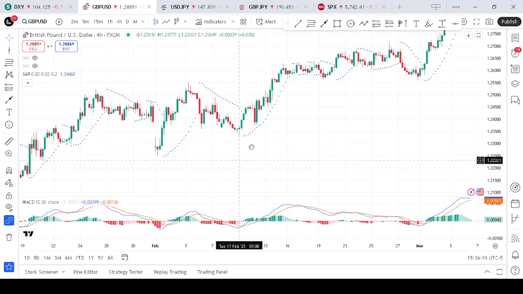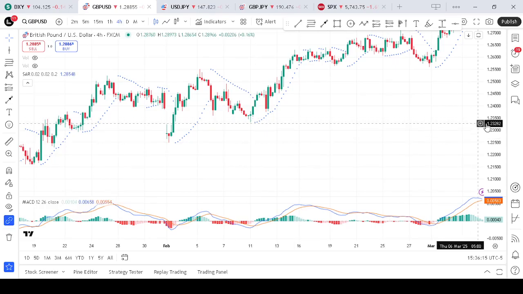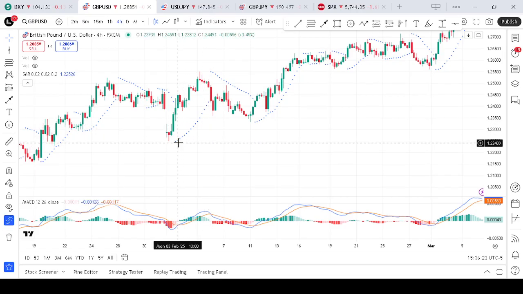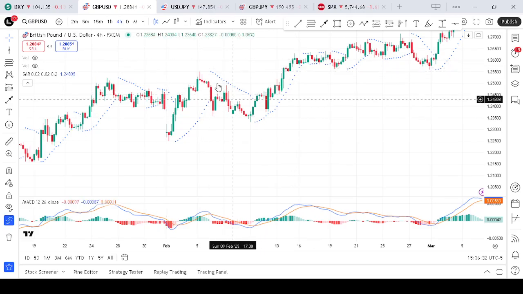Combining both indicators, the real magic happens when both indicators align. So what are we looking for? We are looking for the Parabolic SAR dot positions to confirm the trend direction. Remember, when it's below the price, we are looking for buying opportunities. When it's above price, we are looking for selling opportunities.